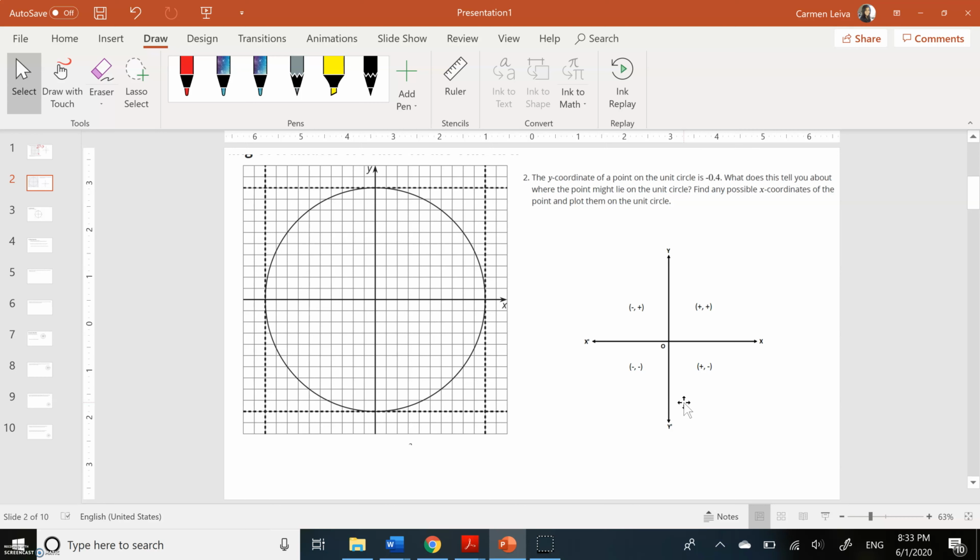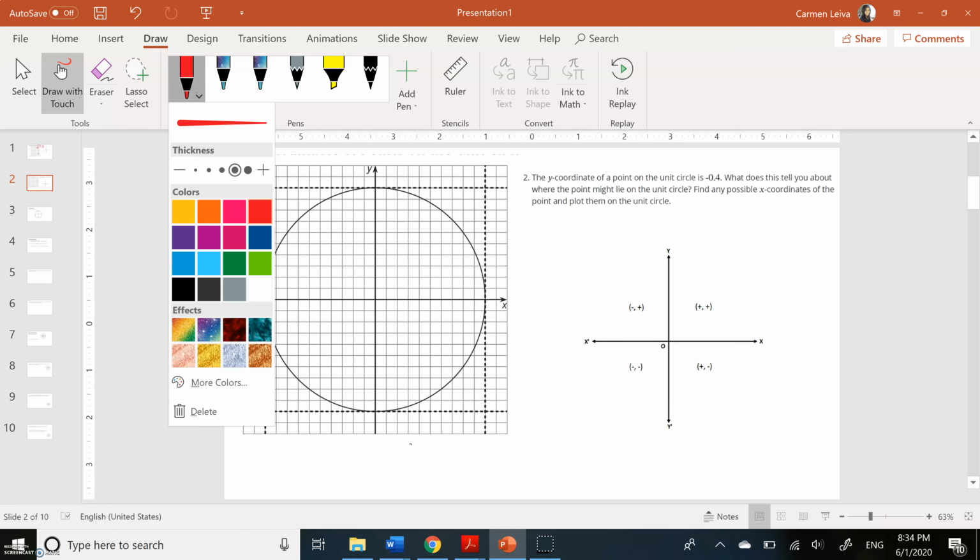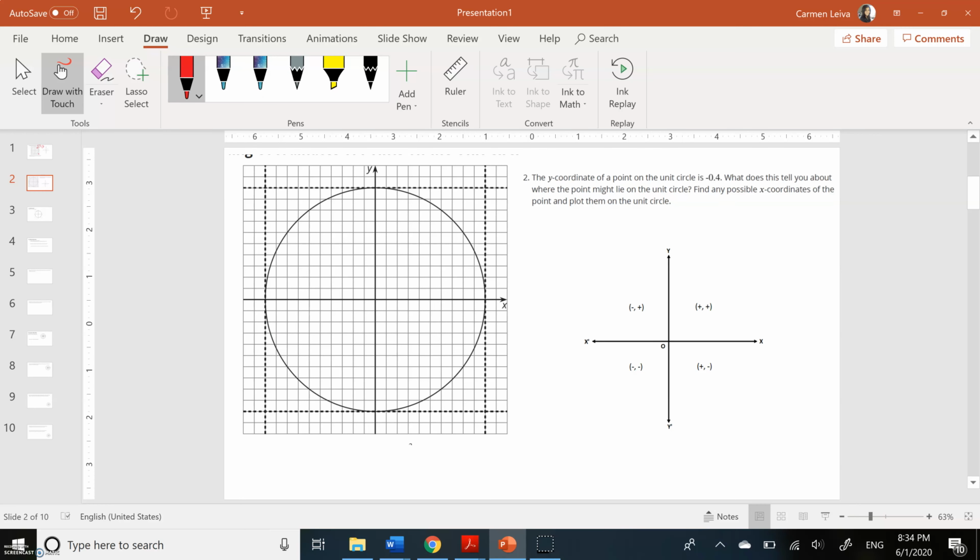Now, it says, what does this tell you about where the point might lie on the circle? I'll just answer that. And then it says, find any possible x-coordinates of the point and plot them on the unit circle. So my y is negative, so that means that I can plot maybe a point right here.